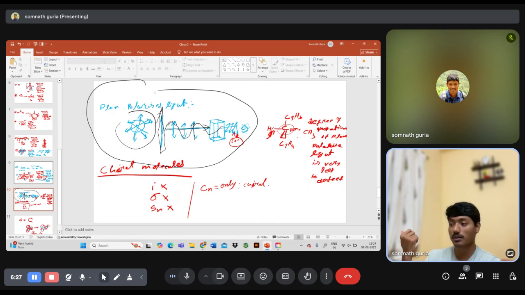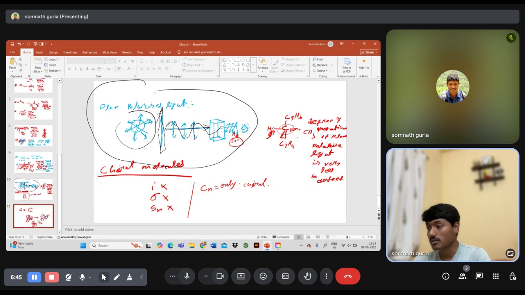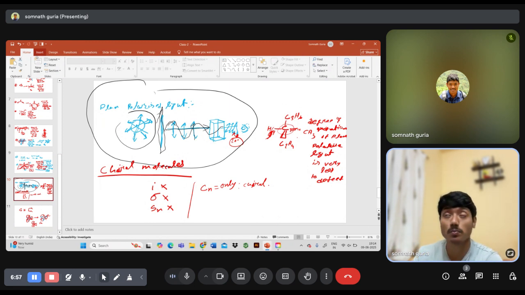Now coming to another question: what is a chiral molecule? Chiral is a term meaning handedness. Molecules, as we previously discussed, having a non-superimposable mirror image.